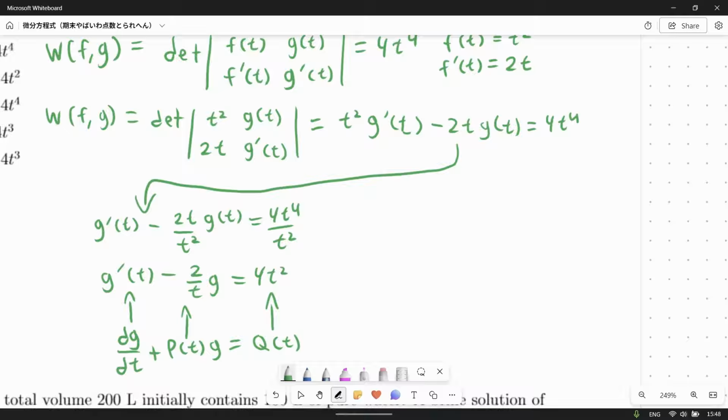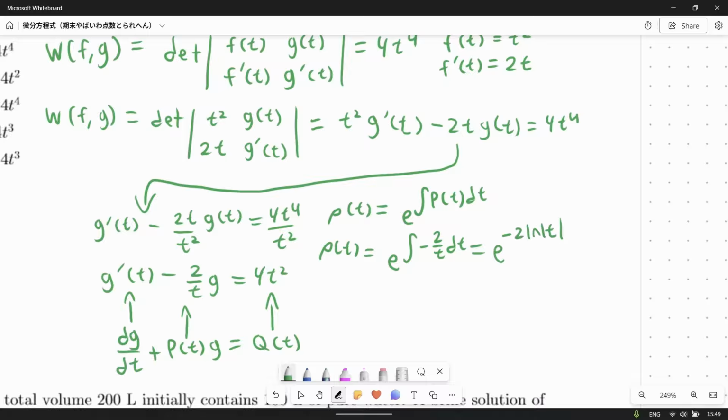Recall that to find an integrating factor, I'm going to denote that as rho. So rho of t is going to be equal to e to the integral of p of t. And we know that the p of t function is negative 2 over t. So rho of t is equal to e to the integral of negative 2 over t, and that's going to be equal to e to the negative 2 ln of t.